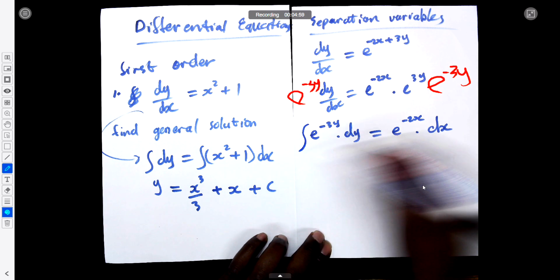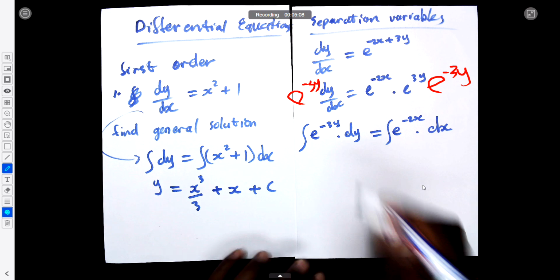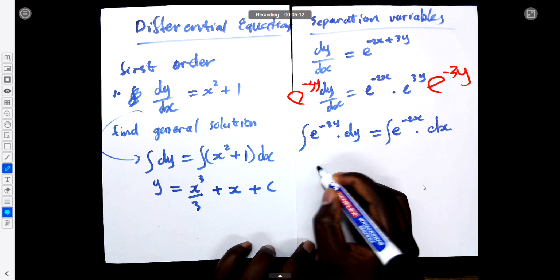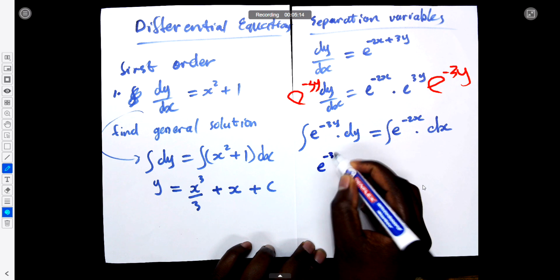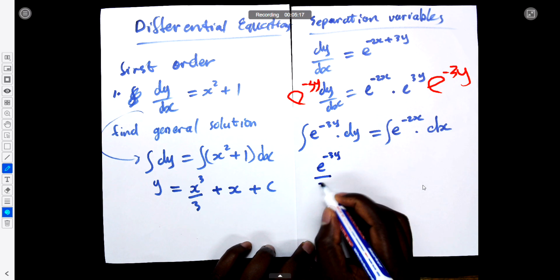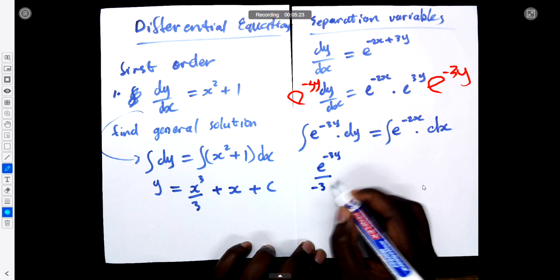So we can integrate the following. Take back the function to where it was derived from, one in terms of y, the other in terms of x. The integral in terms of y will be e to the power of negative 3y divided by negative 3, the derivative of the exponent, therefore divided by ln e.